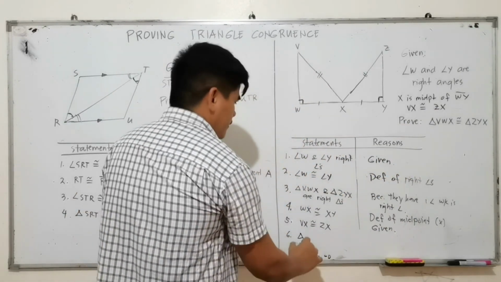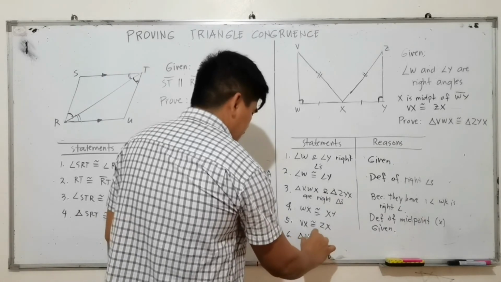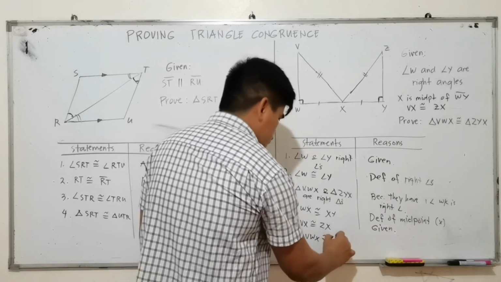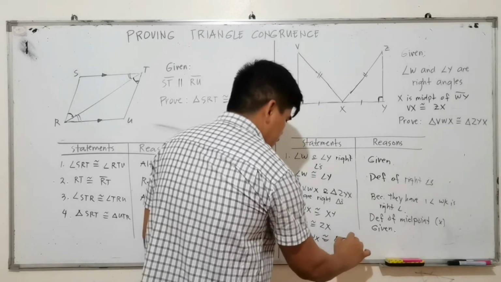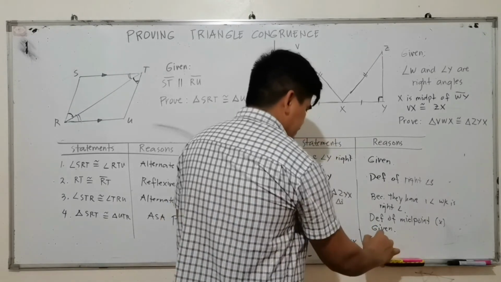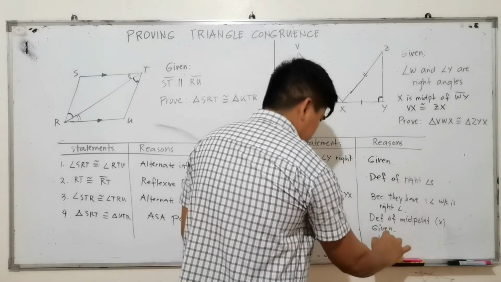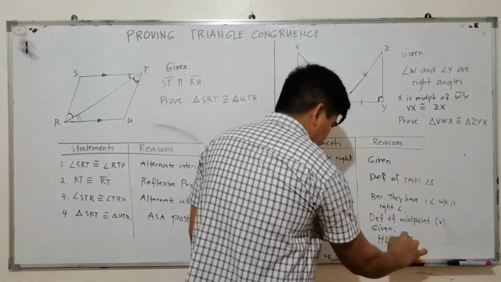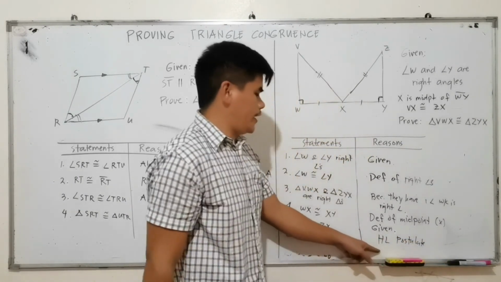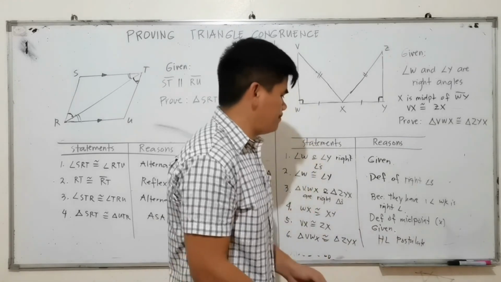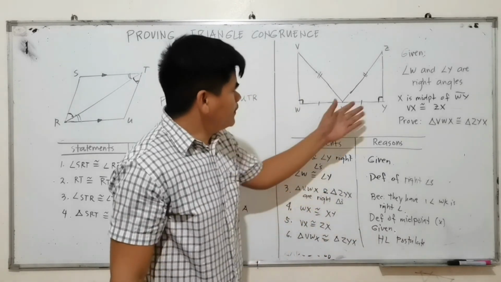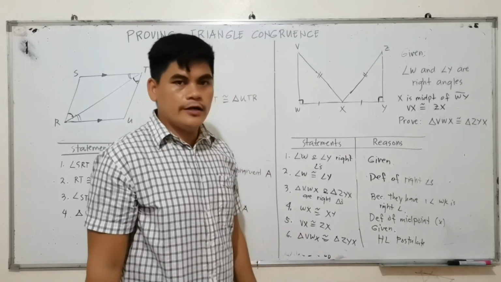We have triangle VWX is congruent to triangle ZYX. The reason is the HL postulate. When we say HL postulate, this is only applicable if the two triangles are right triangles.